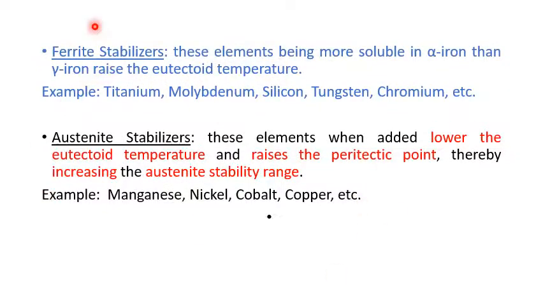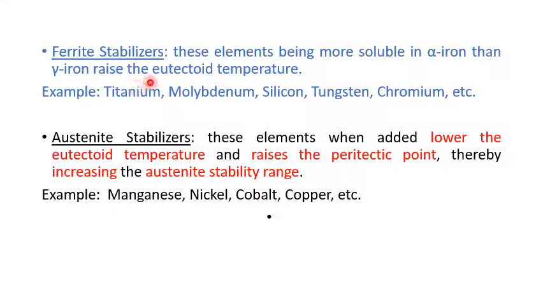So whatever elements we have talked about till now, we will categorize them into ferrite stabilizers and austenite stabilizers. If we add these elements into the steel, it is going to maintain the ferrite at a high temperature also.